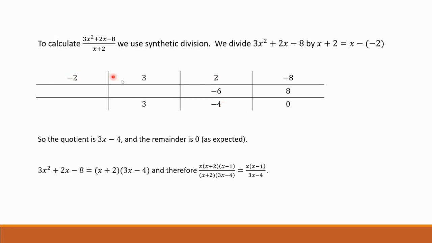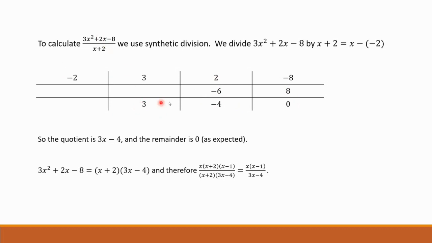So now we repeat. Negative 2 times negative 4 is 8. Negative 8 and 8 is 0. This is the remainder usually, but it's 0, so there's no remainder. These are the coefficients of the quotient, and it's 1 degree less than the dividend.